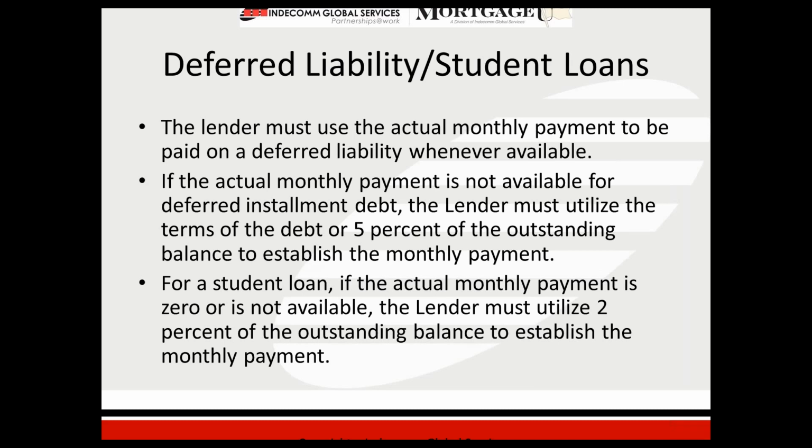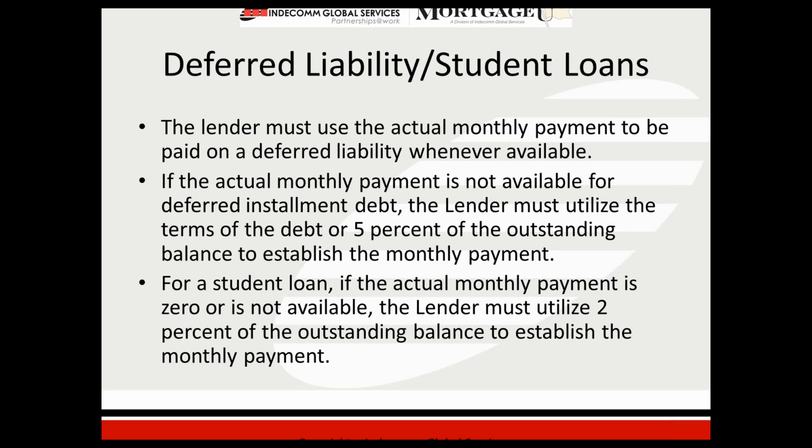Let's talk about deferred liabilities, and then we'll talk about student loans. So over on page 3 of your job aid, if you have a deferred liability, so your borrower is buying a car and they get to wait several months before their first payment is due. If you're trying to determine the monthly payment for the DTI, you have to get a copy of what the actual monthly payment is, perhaps it's on the credit report, or get a copy of the loan payment agreement to determine what your borrower's monthly payment is.